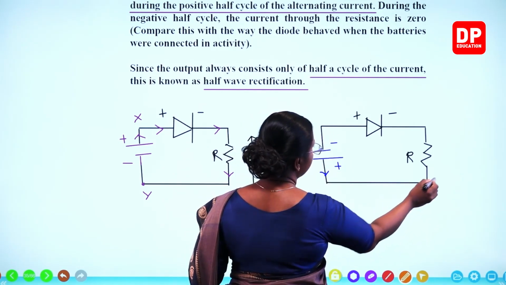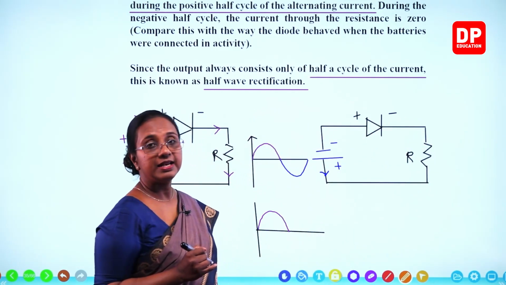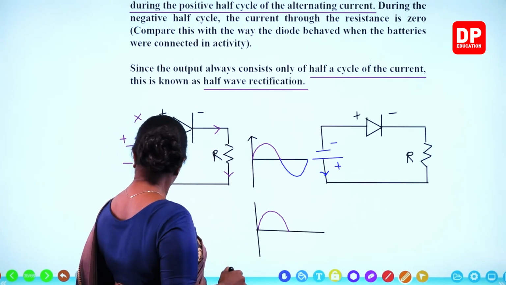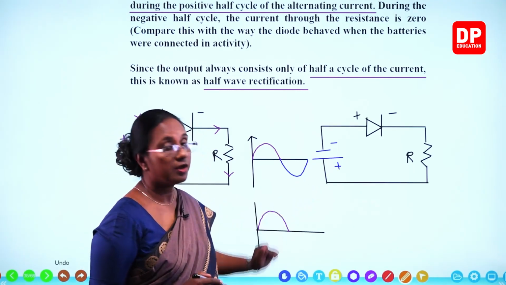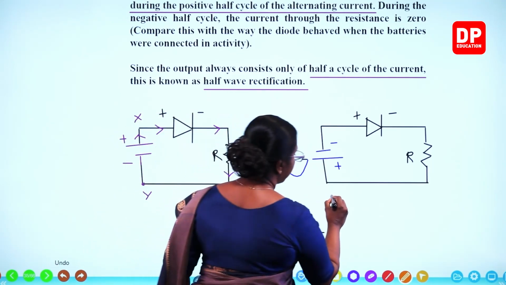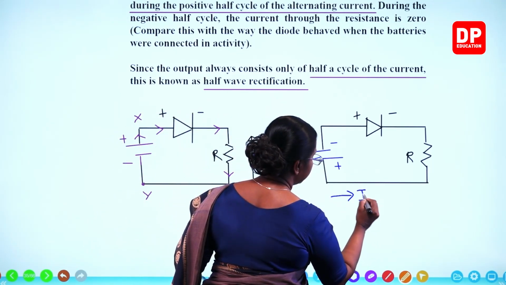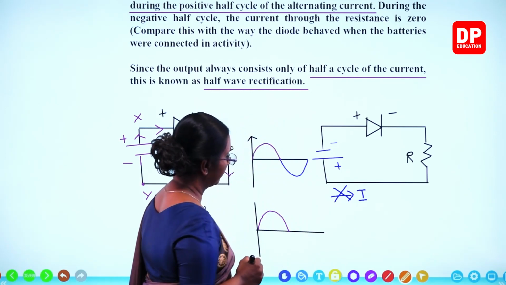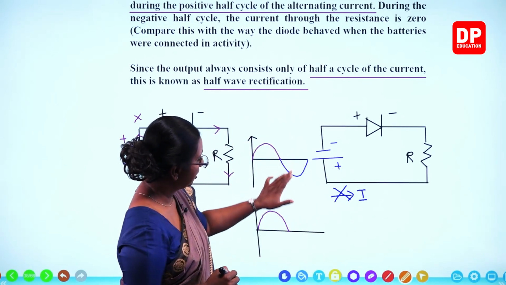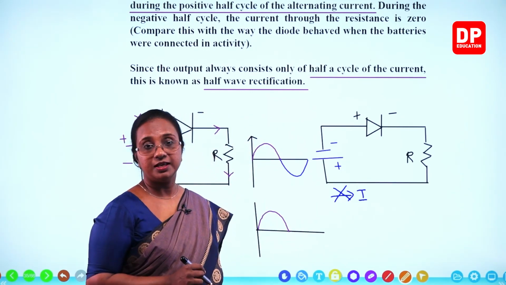This way, this way, this way, that way. But that is not possible. So there the current flow is not possible. Current cannot flow this way. So because of that, you will not get that curve here.